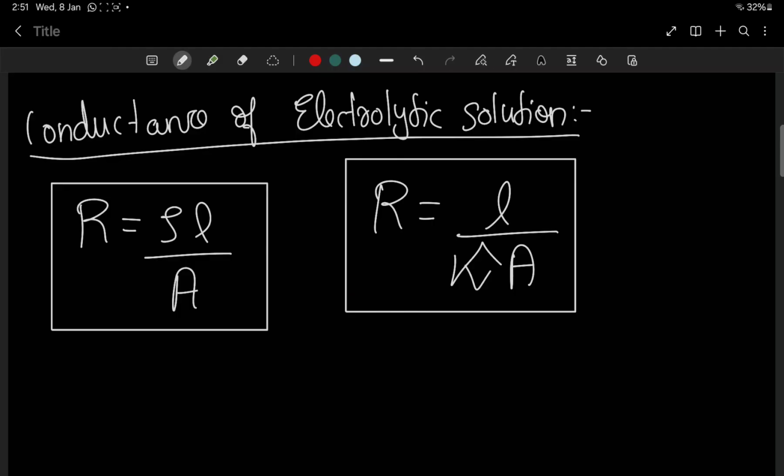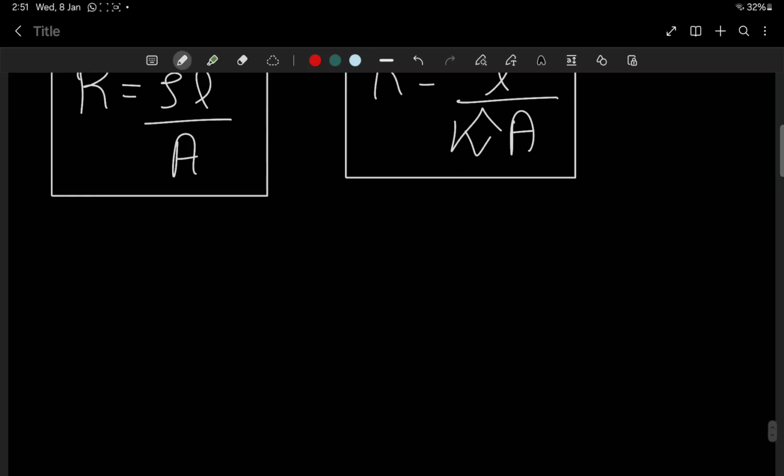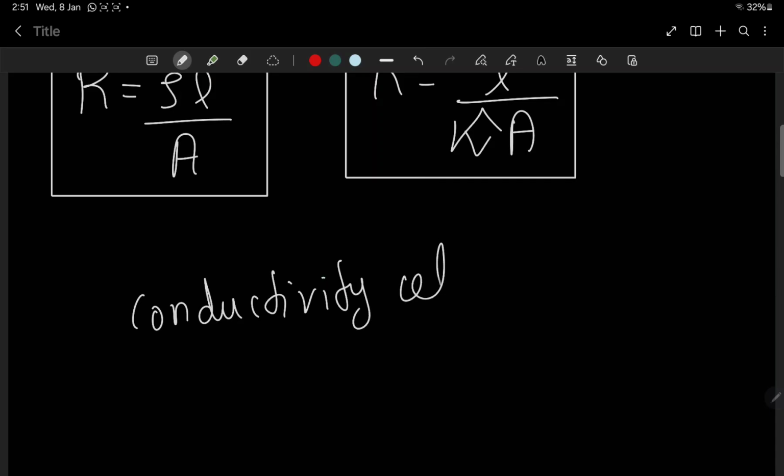Now we use a special device to measure the conductivity of ionic solution. That device is called a conductivity cell. The structure and all is given in the book. Just look at the structure.